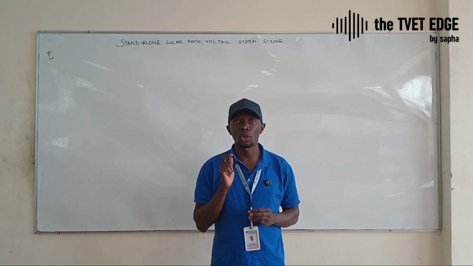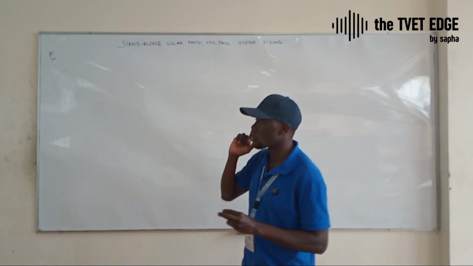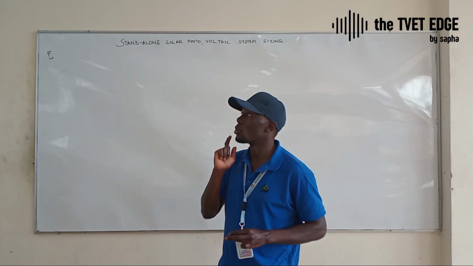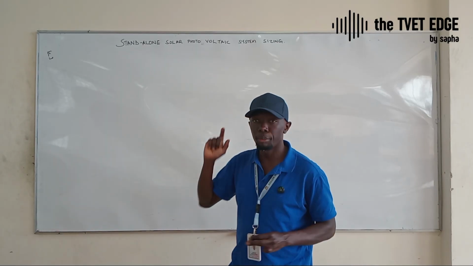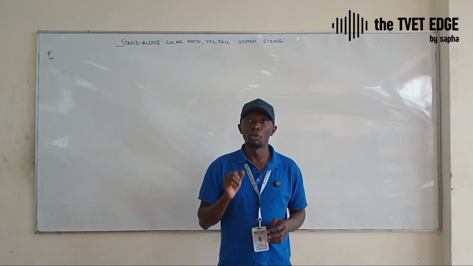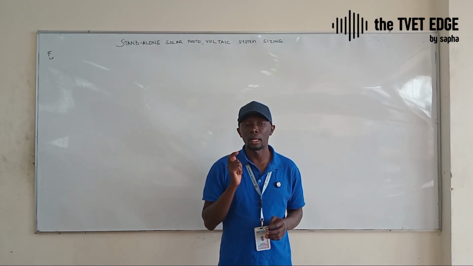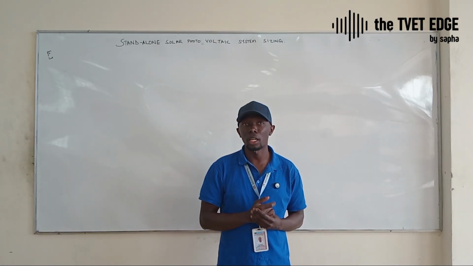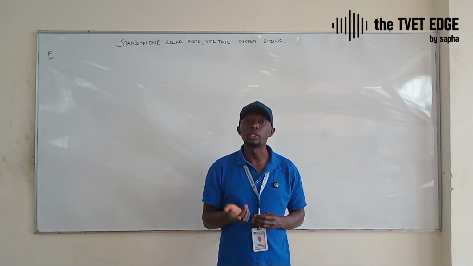But for the general public and for the students who are doing their module 2, unit code name is install standalone solar PV systems. It's a core unit in module 2 for students undertaking their electrical engineering level 6.